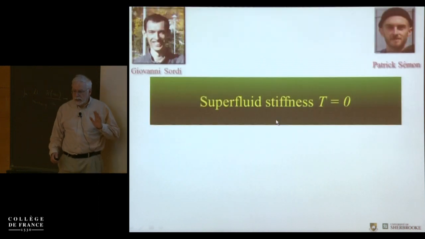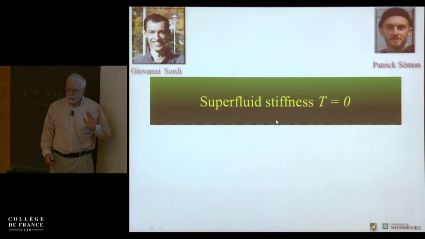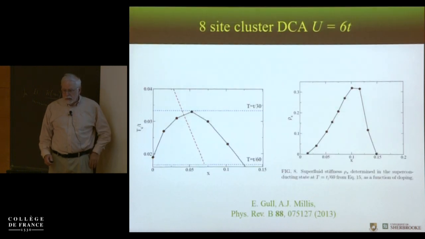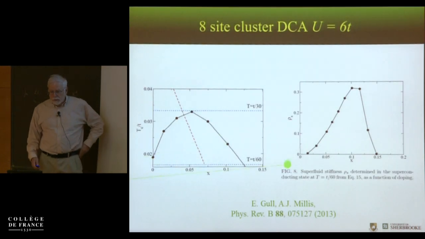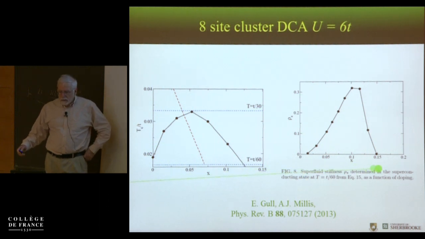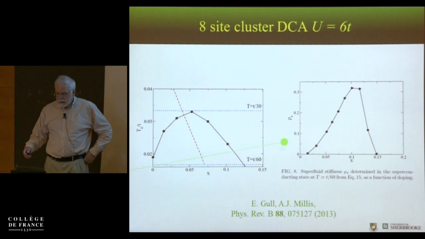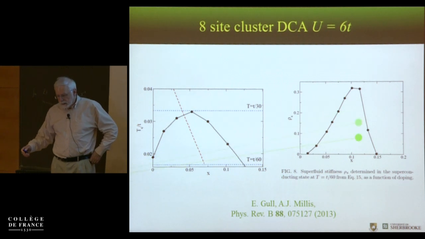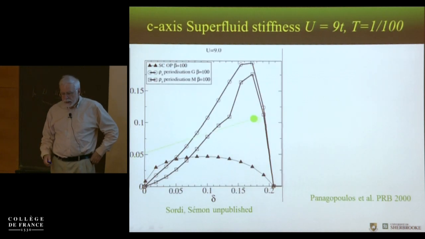This phase rigidity is called the superfluid stiffness. The zero temperature limit, for example in this paper by Gull and Millis, is shown here. This is the superfluid stiffness as a function of doping, and you see it has this very characteristic sharp drop that we also find in our calculations.